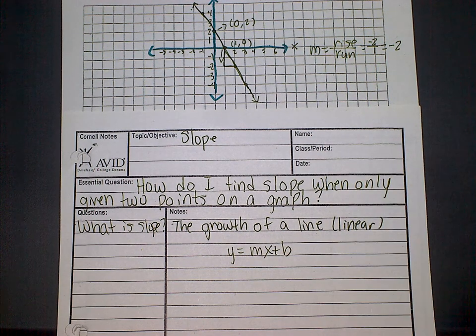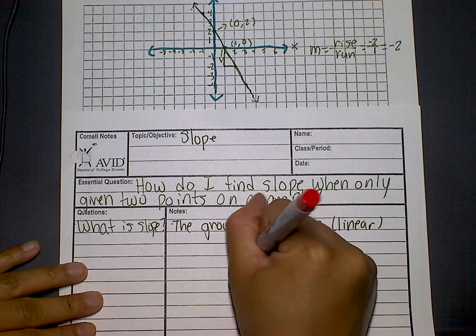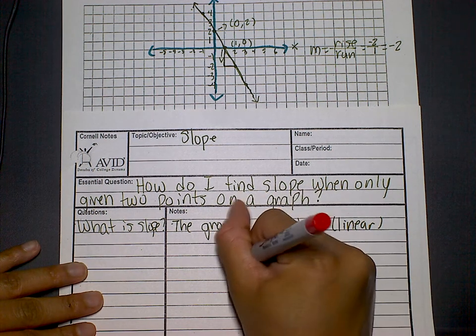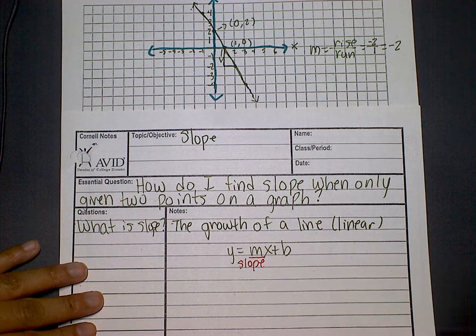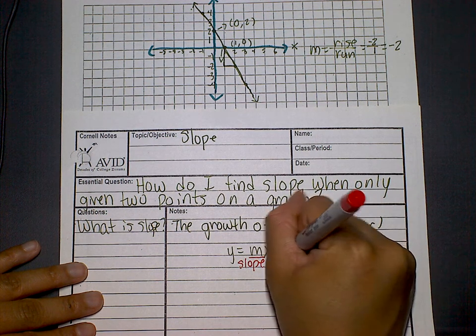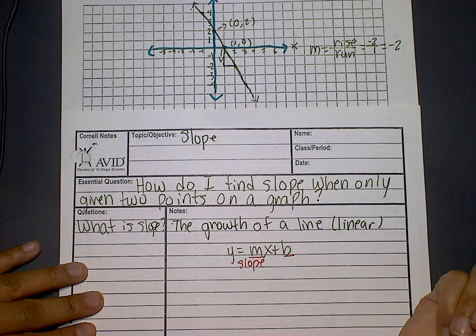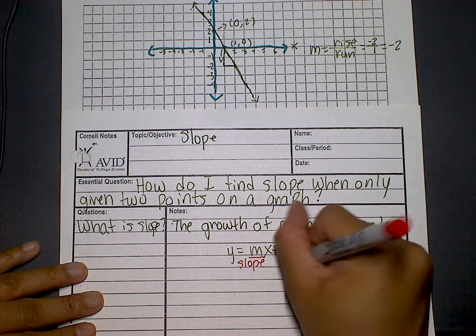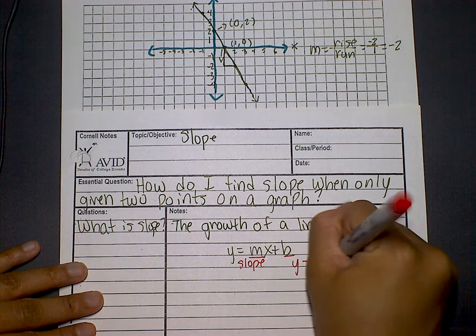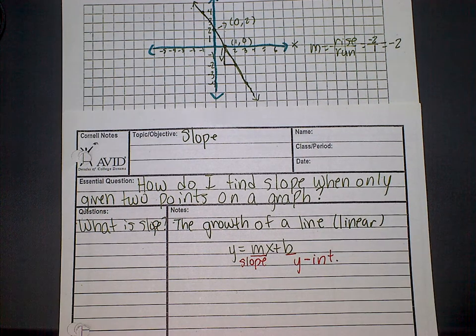So the slope in our y equals mx plus b format is simply just where we normally call our growth, which if you remember, we say m is our growth, but now we are calling it our slope. Same thing for the b in our formula, that's our y-intercept. That did not change. That is still our y-intercept, or in other words, our starting point.